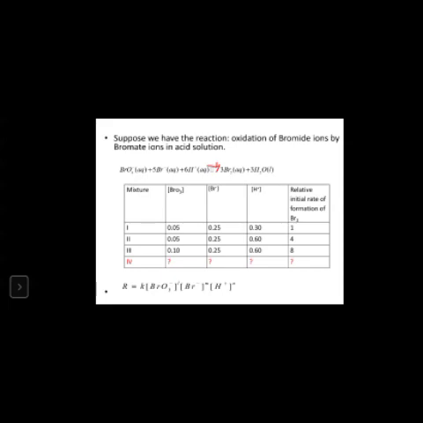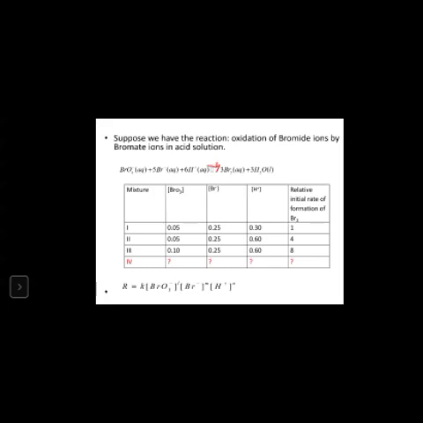Let's now write the rate law for the 3 reactants. Rate is equal to K, bromate raised to power L, followed by bromide raised to power M, followed by the proton, the acid, raised to power N. What is N? What is M? What is L? You need to find out from that table.